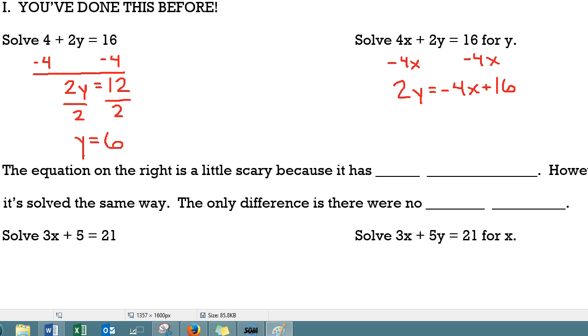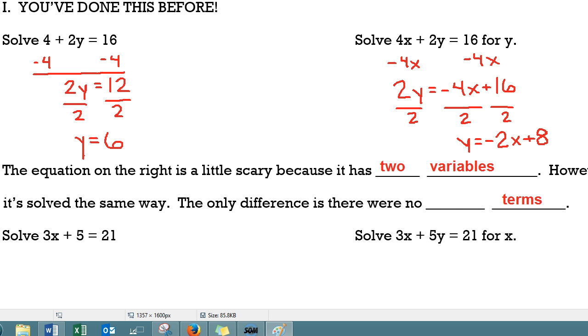All right, now you're still going to divide by 2, just like you did before. The only difference is here you have to divide everything by 2, and now we have 3 pieces instead of 2. But you're going to get y equals negative 2x plus 8, and that's it. Like I said, it's not as different as you might think it is. I know it's a little bit scary because it has 2 variables, but it's solved the same way.